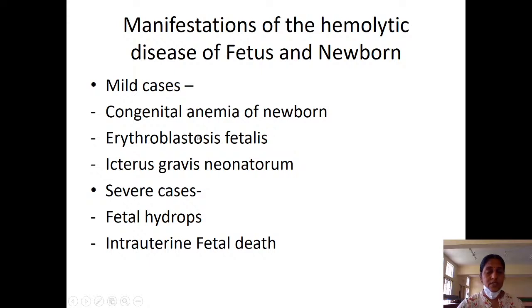Because of the hemolysis, there will be extramedullary hematopoiesis, with enlargement of the liver and spleen to produce red blood cells, and an increased reticulocyte count. The liver and spleen are enlarged, and that is called erythroblastosis fetalis. Then there is icterus gravis neonatorum. And in severe cases, death.